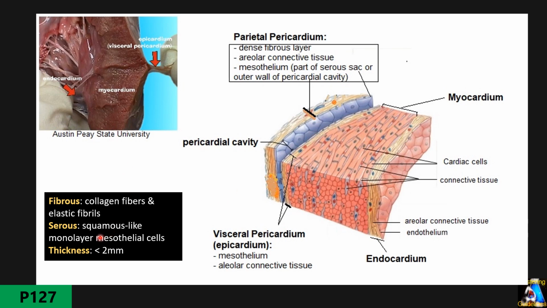So the serous wall or membrane is a squamous-like monolayer of mesothelial cells, one layer of cells. And the outer wall is fibrous and consists of collagen fibers and elastic fibers. The thickness of only the outer wall in the normal situation is less than 2 millimeters. In constrictive pericarditis or other neoplasia of the pericardium, the thickness increases.